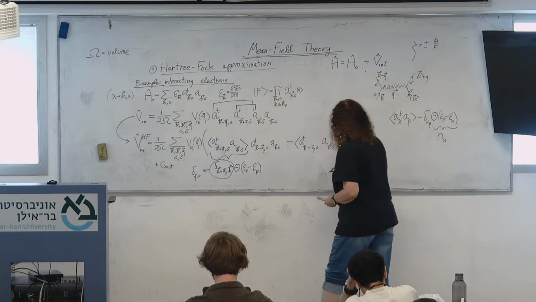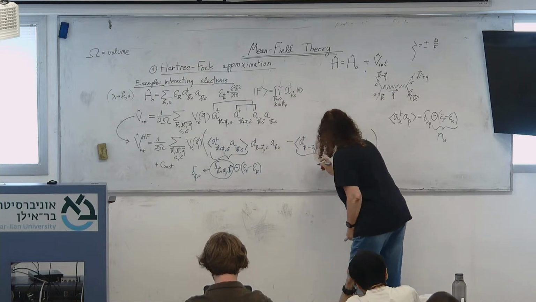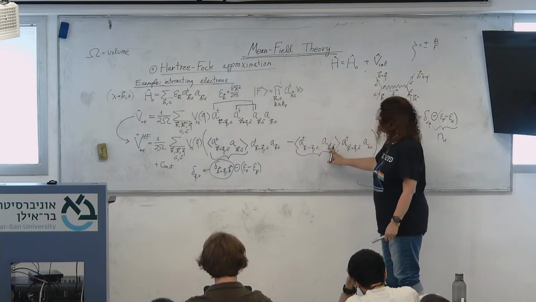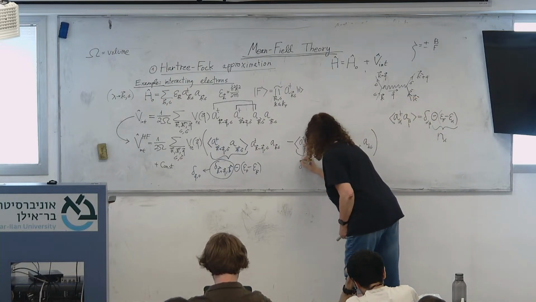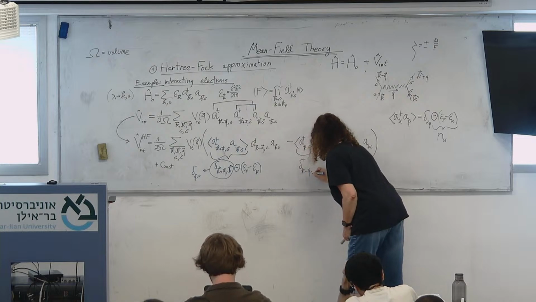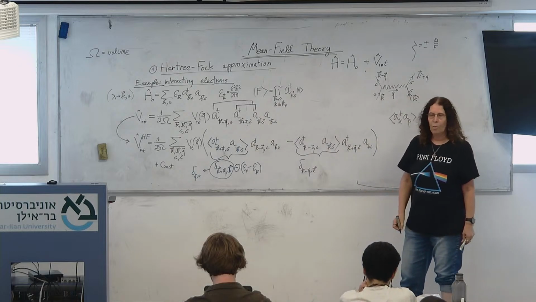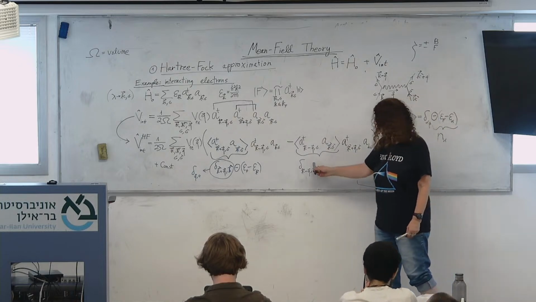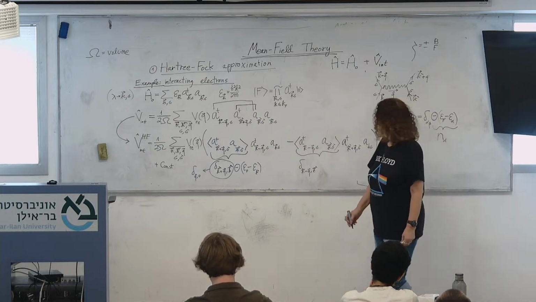Now what about this term? It's less trivial because we have two deltas, one acting on k minus q, which must equal k prime. And there is a solution when q is not necessarily 0.